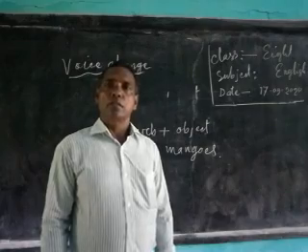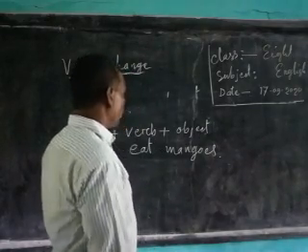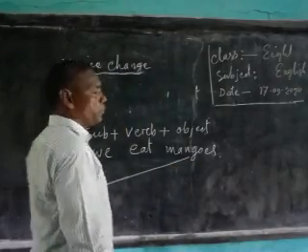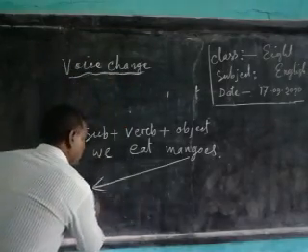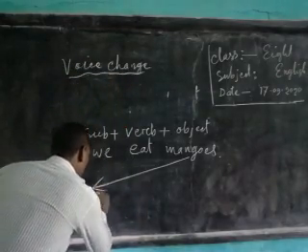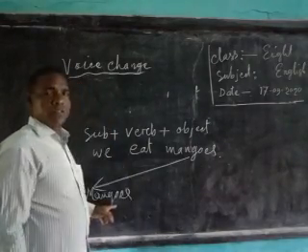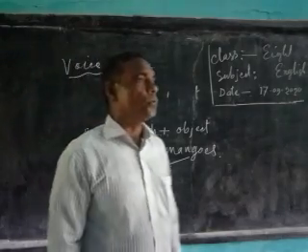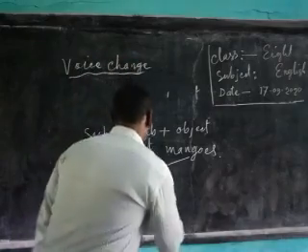For this, you have to remember that the object mangoes has to be changed as a subject. Yes, this is plural number, so you have to put the auxiliary verb are.